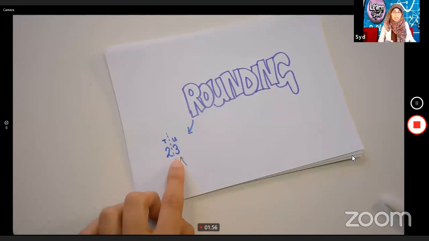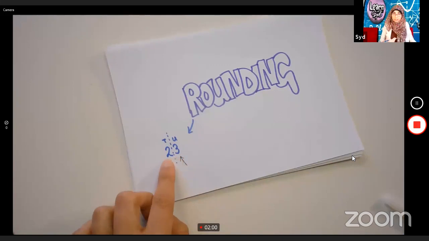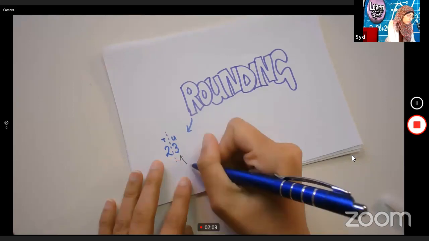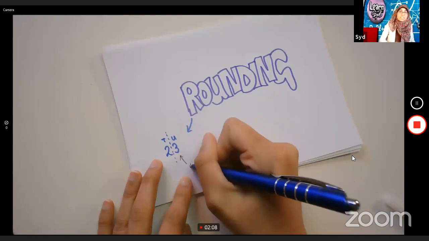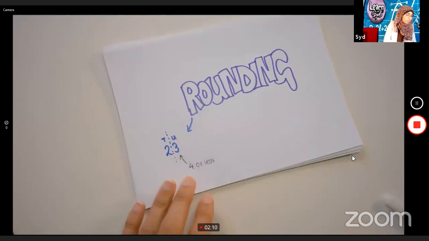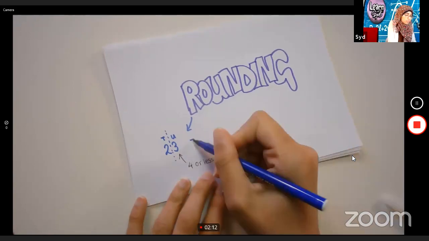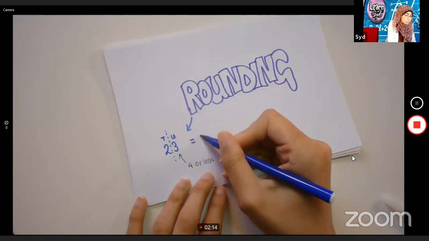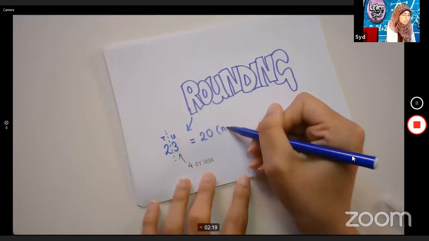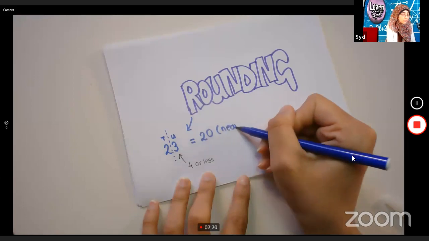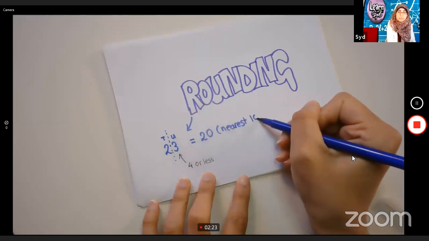If this number is 5 or more, then this is going to change. Now in this particular case, this is 4 or less, so it's not going to change. So this rounded to the nearest 10 is going to be 20. But remember, in brackets, we have to always include how we've rounded it. So we've rounded it to the nearest 10 in this particular case.